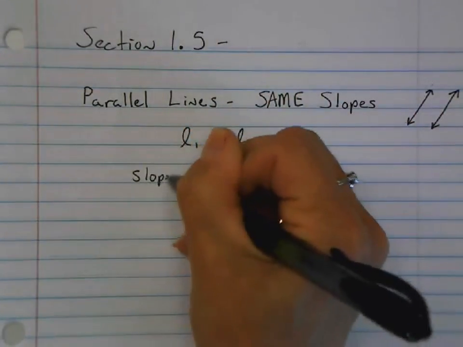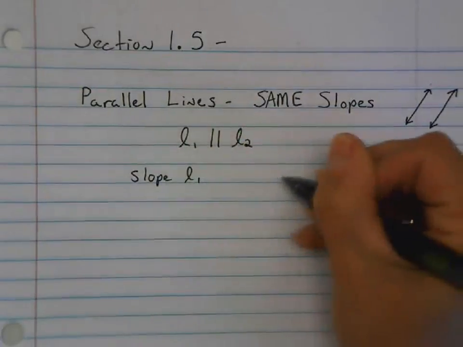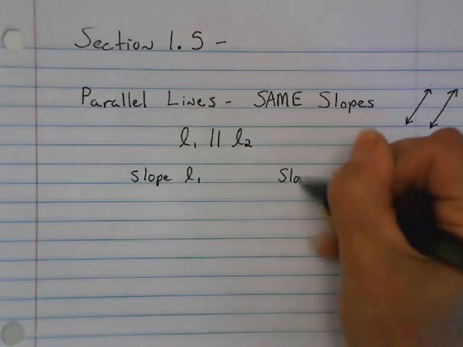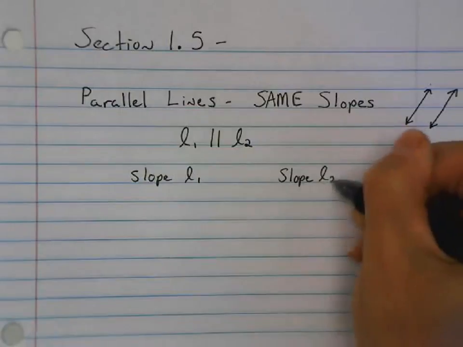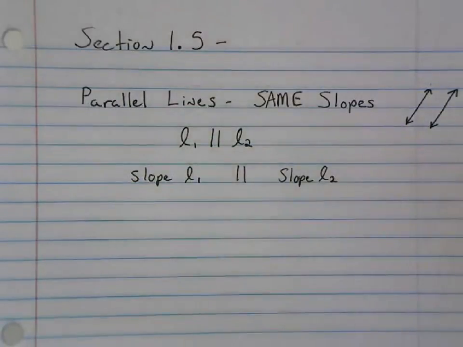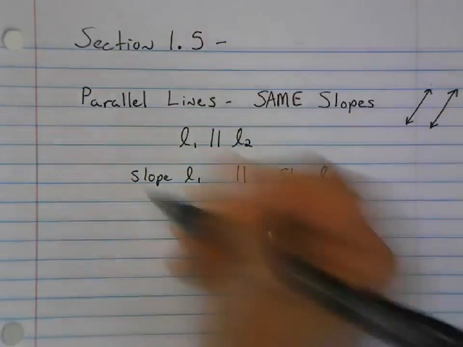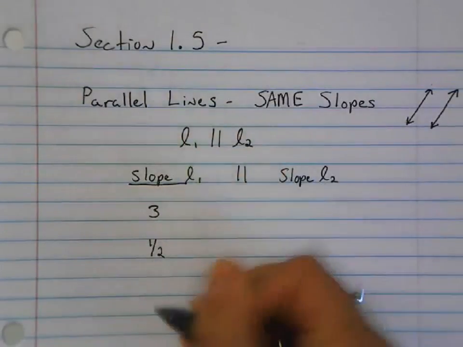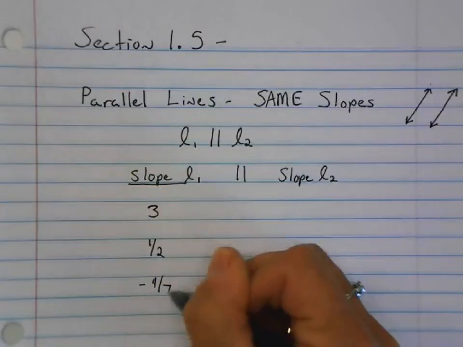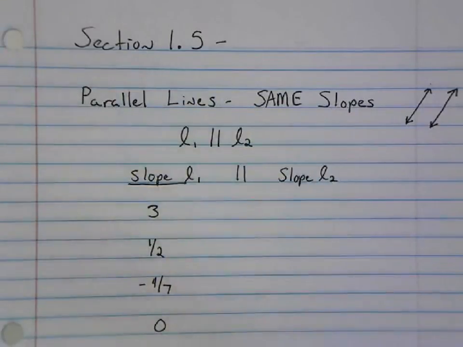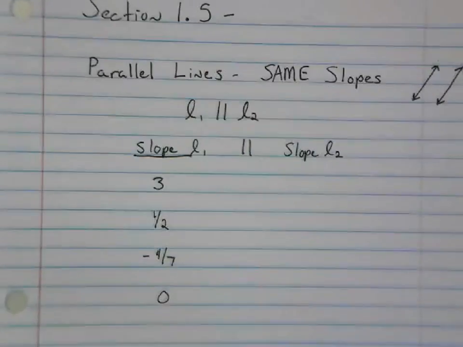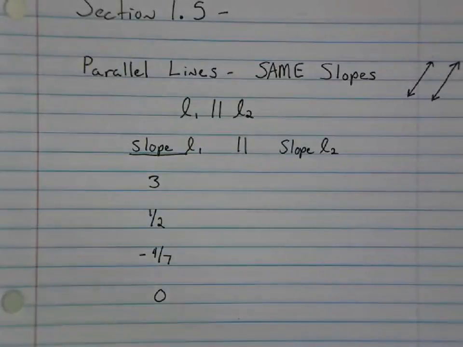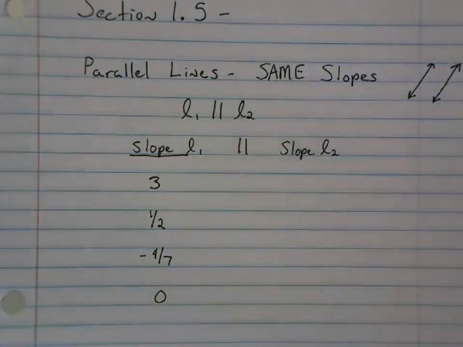Okay, so if I tell you that line 1 is parallel to line 2, and I give you the slope of line 1, I'm going to ask you to give me the slope of line 2, knowing they're parallel. Let's say the slopes are 3, 1/2, -4/7, and 0. So again, if they are parallel lines, they would have the same slope.